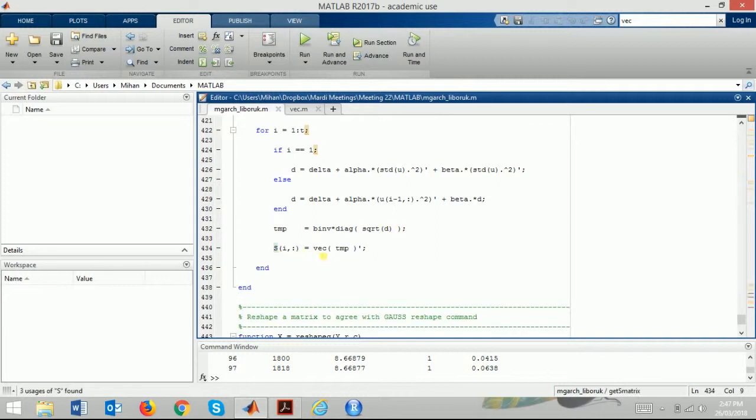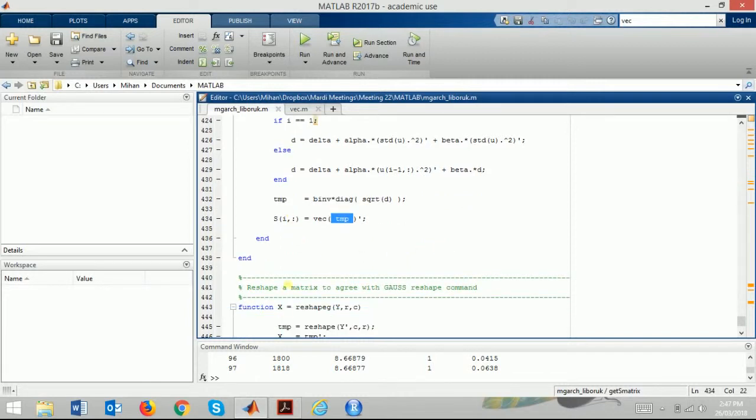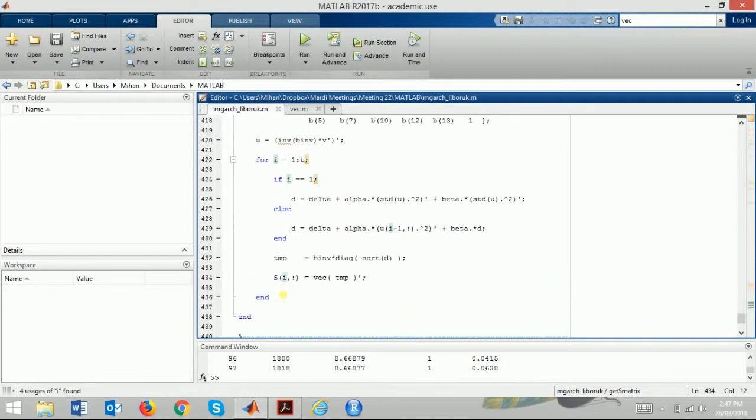So here what is happening? In i rows one column, column stacking TMP. Okay, in i rows for all. So this is in a for loop, for each variable I'm column stacking.